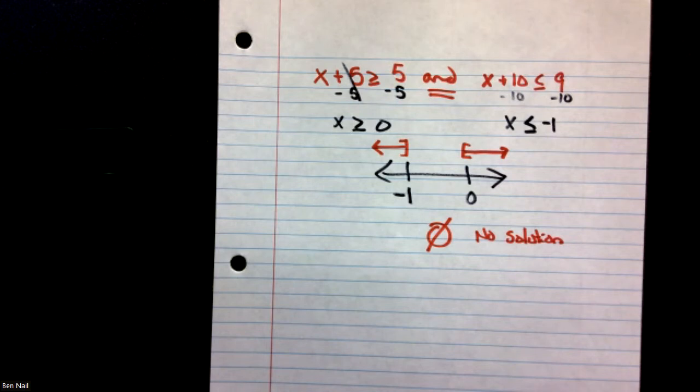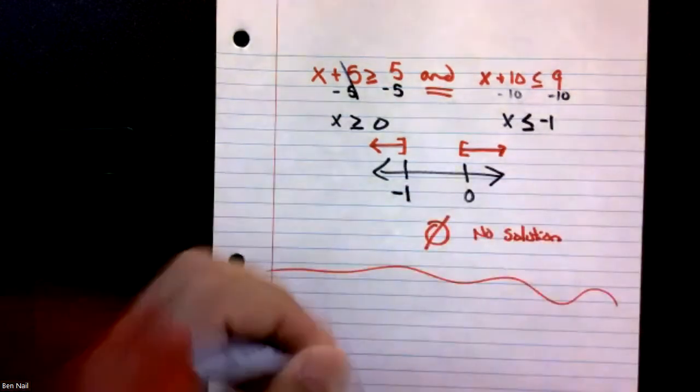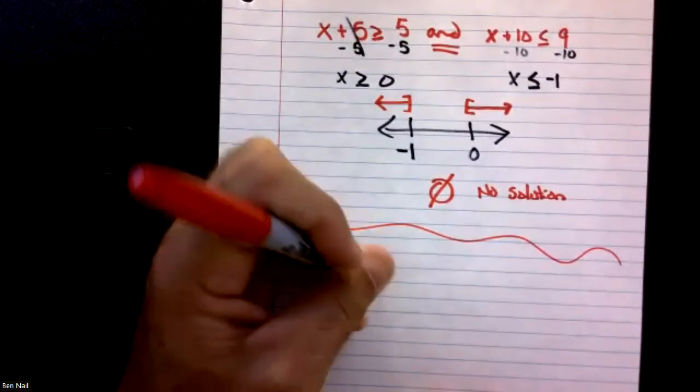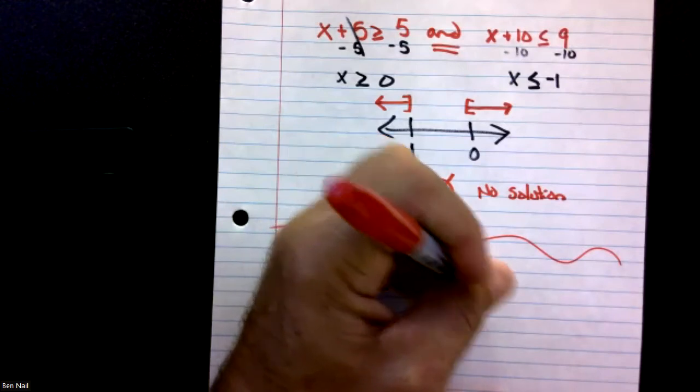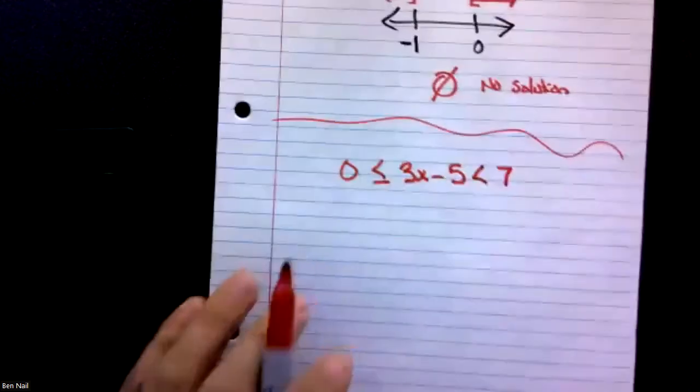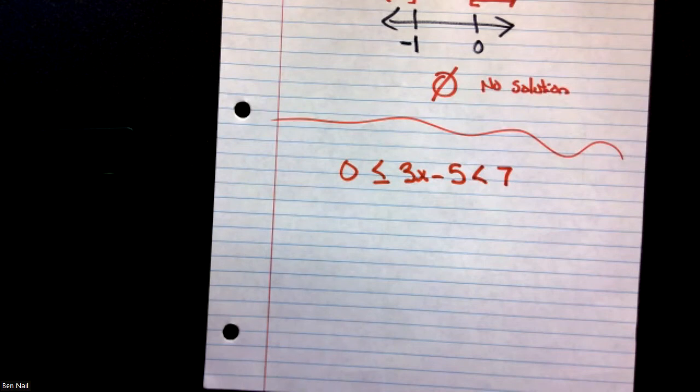The only type of problem that I haven't talked about that I want to bring up next is they could write the compound inequality like this. Okay. If they give you a problem like this, this is still a compound inequality.